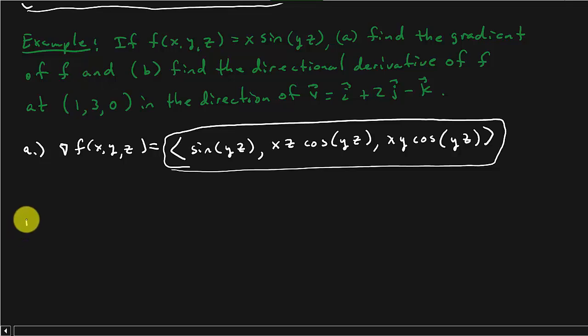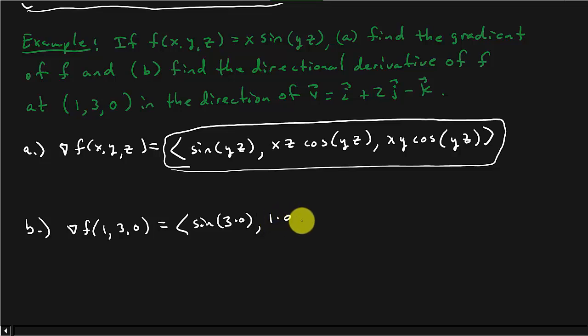Now, for part B, they want us to find the directional derivative of f at this point in the direction of v. All right, so we've got our gradient vector. Now let's find the gradient of f at the point 1, 3, 0. So we just plug all that in. So that's going to be sine of 3 times 0, 1 times 0 times cosine of 3 times 0.